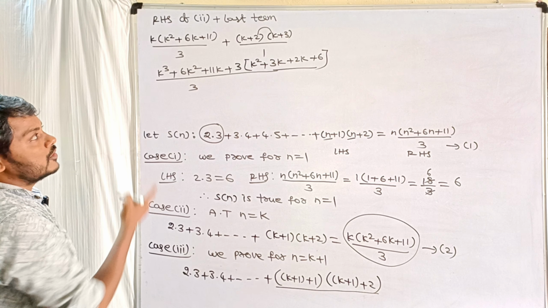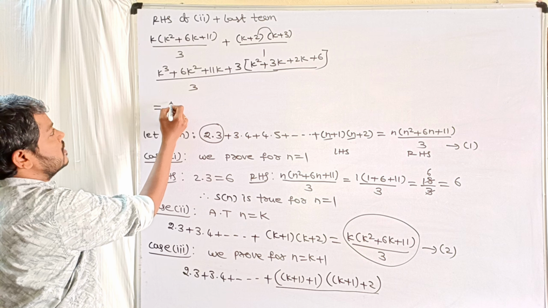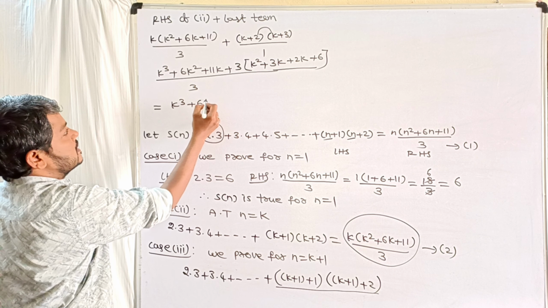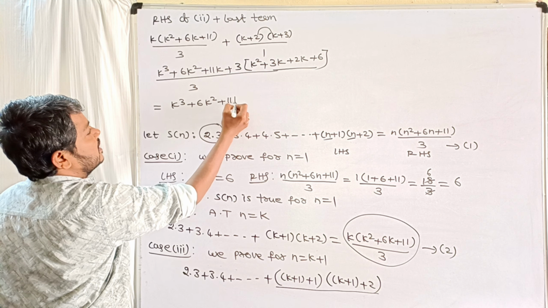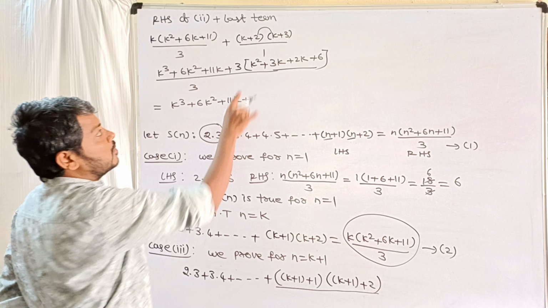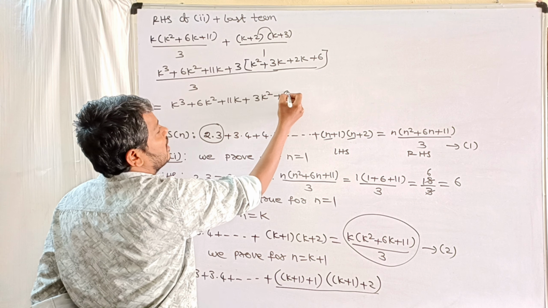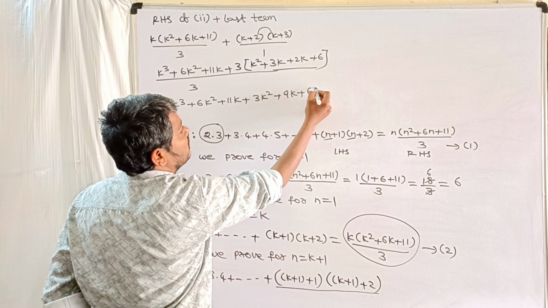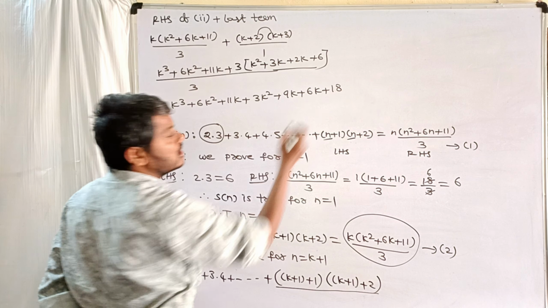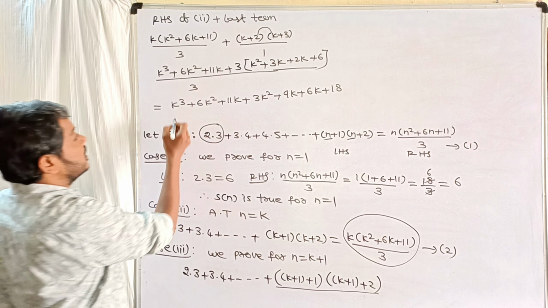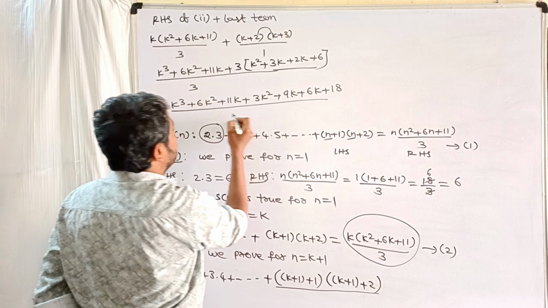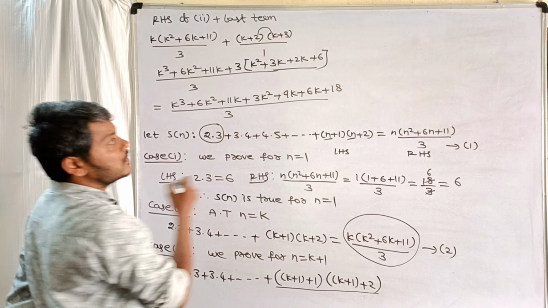Okay, now we can simplify this, which is k cube plus 6k square plus 11k plus multiplying with 3, 3k square plus 3 into 3k, 9k plus 3 into 2, 6k plus 3 into 6, 18, which is divided by 3.